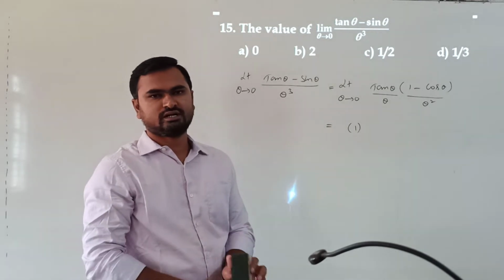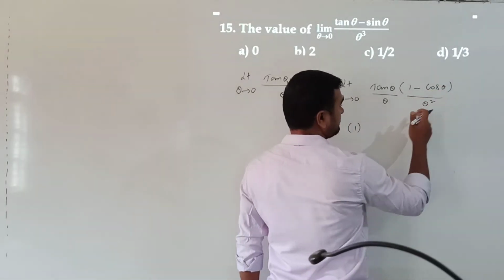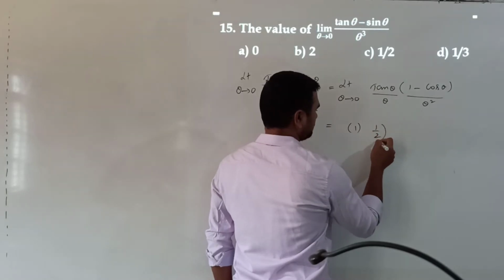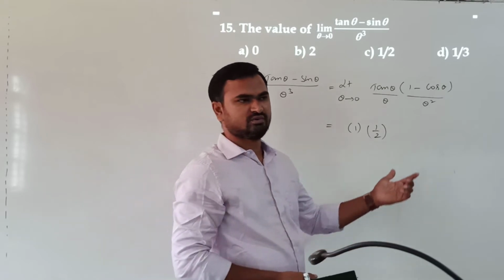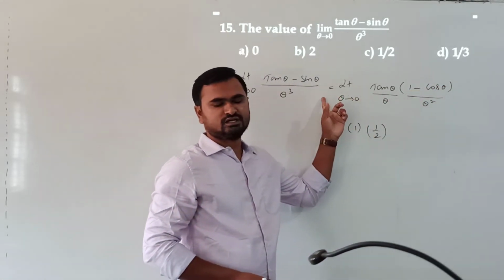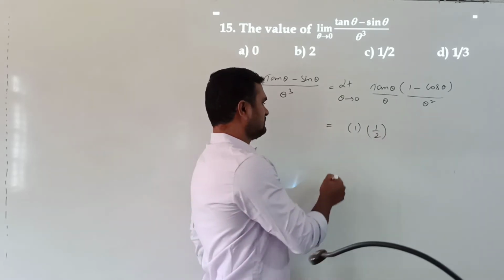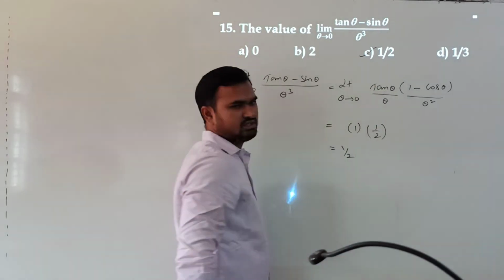And when theta tends to 0, 1 minus cos theta by theta square is 1 by 2. That is also a standard result which we will be using more. So we can remember the result: 1 minus cos theta by theta square when theta tends to 0 is 1 by 2. So the required answer is 1 by 2. The third option will be correct.